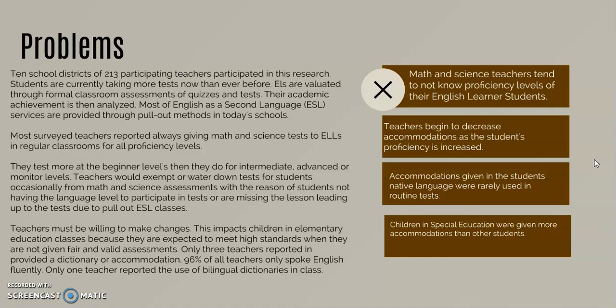Most surveys reported teachers giving math and science tests to ELs in regular classrooms of all proficiency levels. So teachers should and must make changes. This survey also said that only three teachers provided dictionaries, such as English to whatever language the student knows, and 96% of them only spoke English fluently.